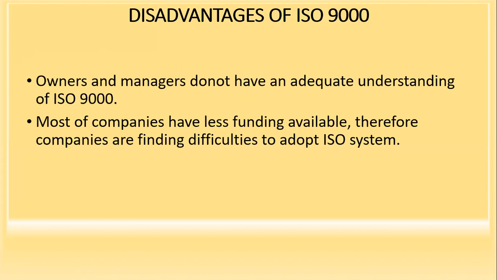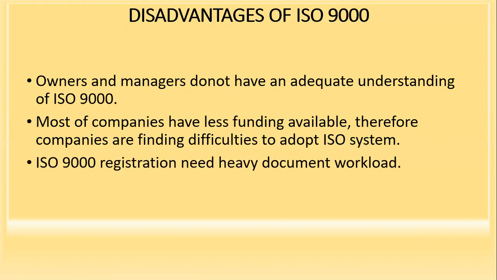Most of the companies have less funding available. Therefore, companies are finding it difficult to adopt ISO systems because we have seen the requirements. There are 20 requirements, right? So for companies to adapt to all these things, it's really difficult.